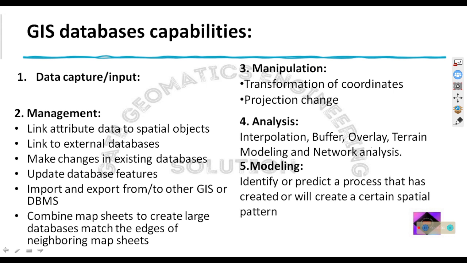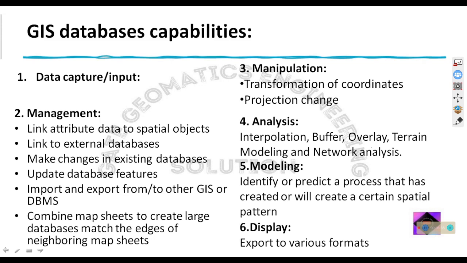So after creating everything, you have to model those things, that if anywhere the urban growth is happening, what will be the urban growth down the line of 20 years or 30 years. So that you can model using GIS. So that is one of the important capabilities of the GIS database structure.